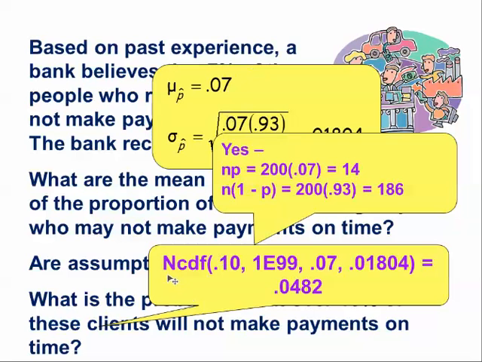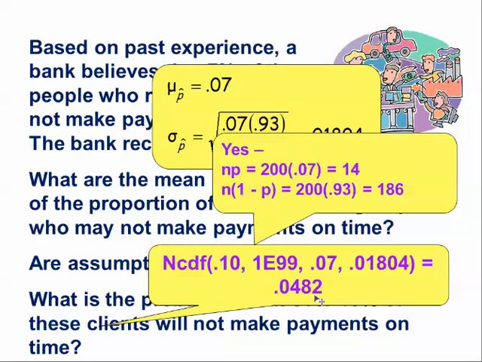So you do a normal CDF of 0.1 and then some very large number, with 0.07 and this 0.018084, that's the standard deviation, and you're going to get this number here, 0.0482. So what are they saying? They're saying that about 4% of these clients will not make payments on time.